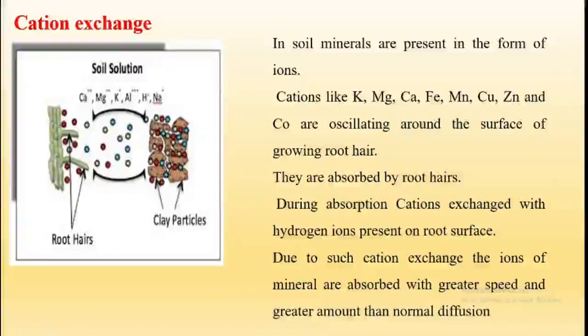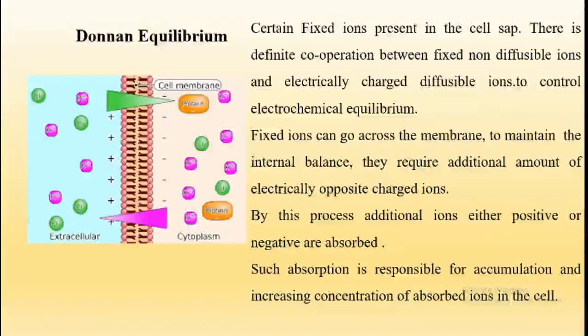They are absorbed by root hairs. During absorption, cations exchange with hydrogen ions present on the root surface. Due to such cation exchange, the ions of minerals are absorbed with greater speed and in greater amount than by normal diffusion.